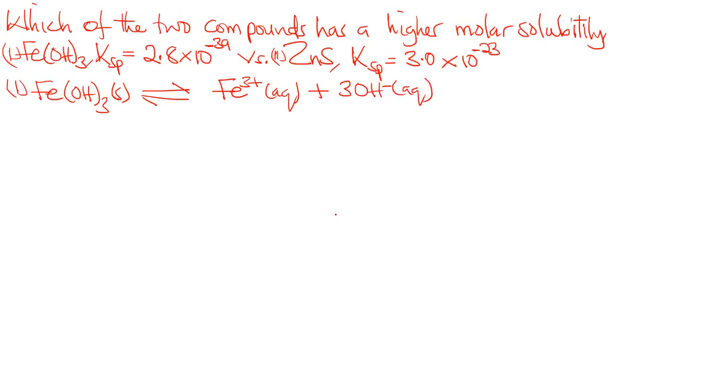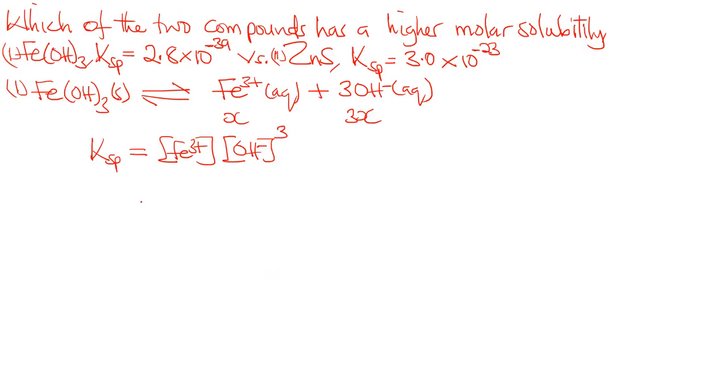So we are saying that if Fe(OH)3 dissolves, it will form an X here and it will form 3X on this one because we have 3 of them. And KSP is given by the concentration of Fe3+ ion and the concentration of OH-, but to the power 3.